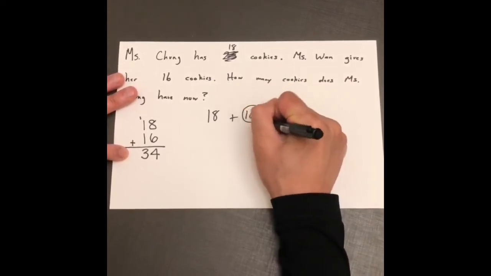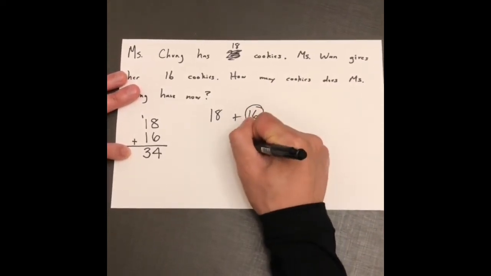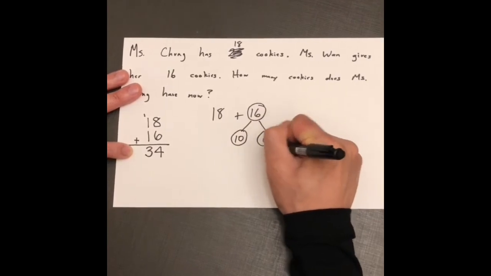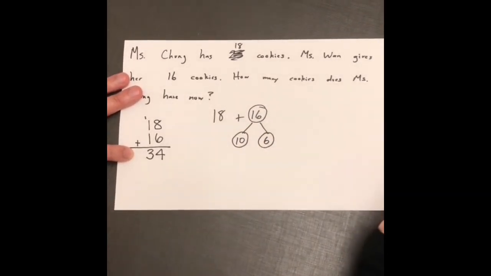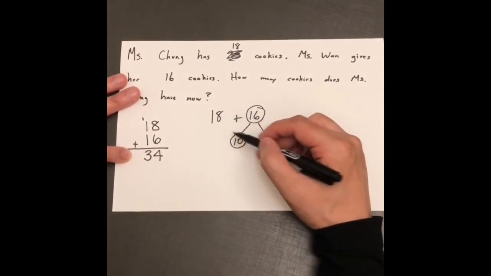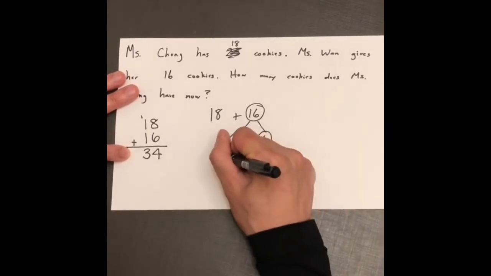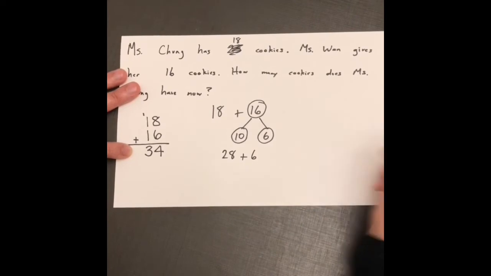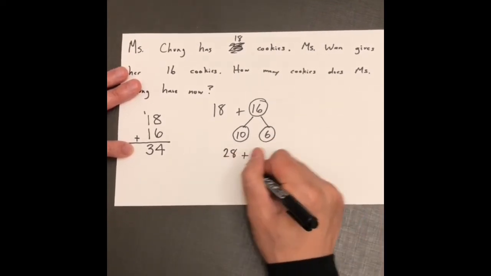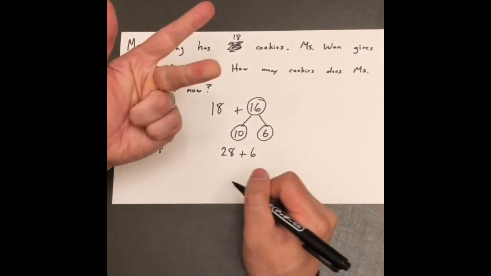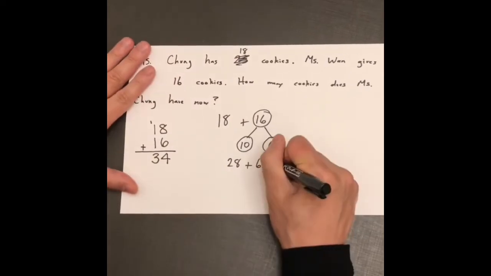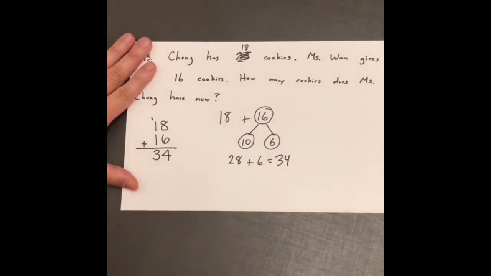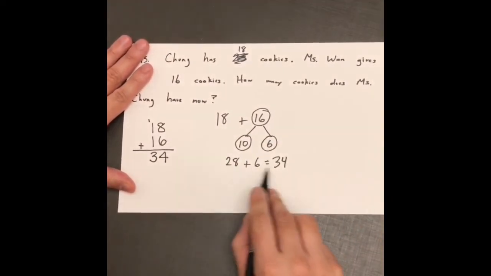Maybe I break this up into 10 and 6. Because I know that 18 plus 10 is 28. Then plus 6 more. Then I might say 28, 29, 30, 31, 32, 33, 34. So 18 plus 16, another way is 34.